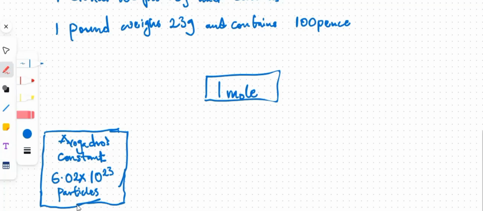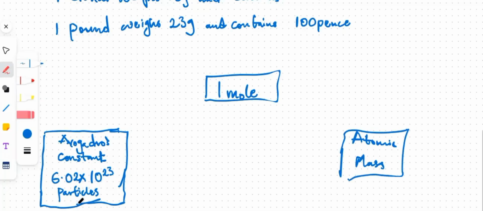So that is it then. Atomic mass. There is a relationship between these three, and we are going to see it just now. So 1 mole is equal to 6.02 times 10 to the power 23 atoms, molecules of anything is equal to 1 mole of that substance.